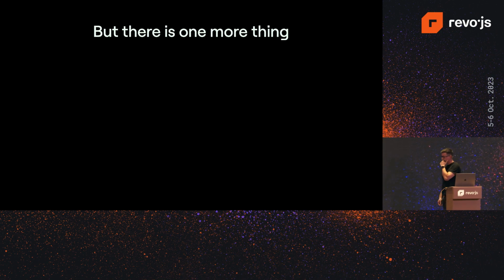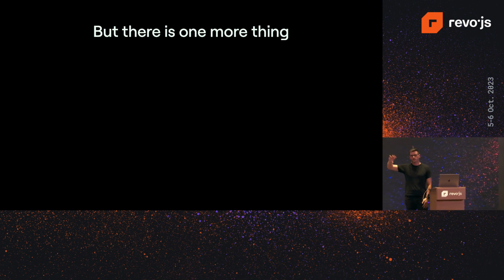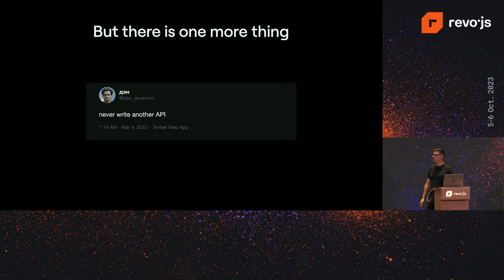But then, going back again and taking another step back and thinking about how you actually interact with your data, you start thinking, if the framework is doing all the requests to your backend, is there even a need for the API?